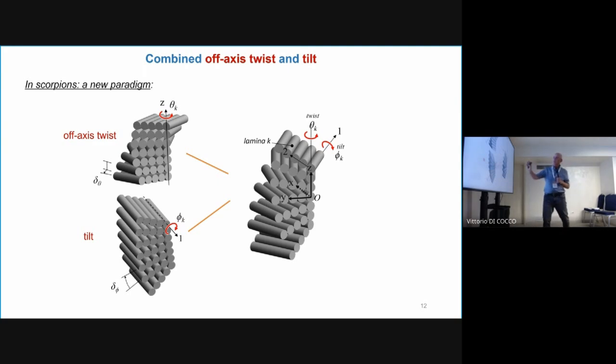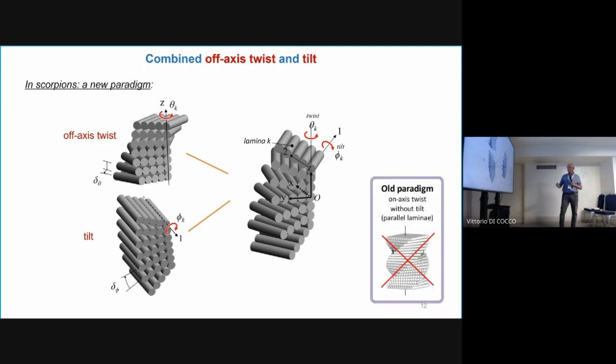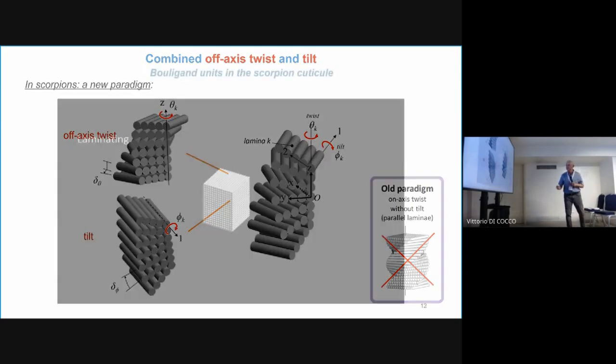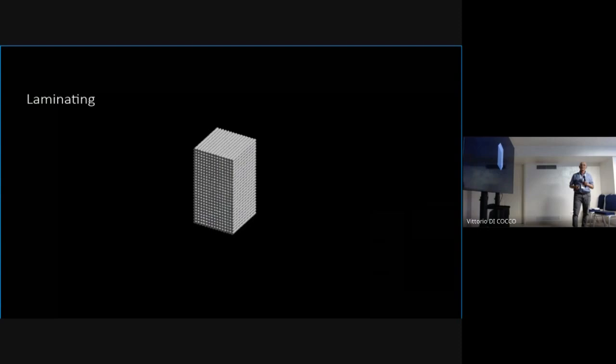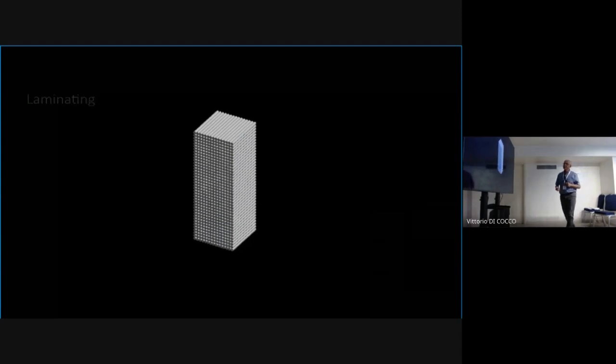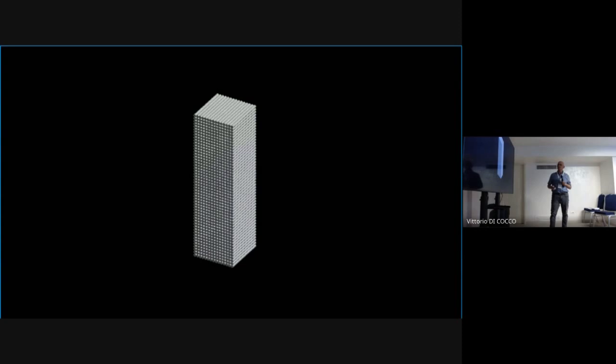The off-axis twist is, as I said, just a twist. The tilt is a change in a structure like this, and the combination of both gives you this. It's different from what people have seen before, but that's not interesting here. So look at how it builds artificially, so that we understand a little bit how it looks.